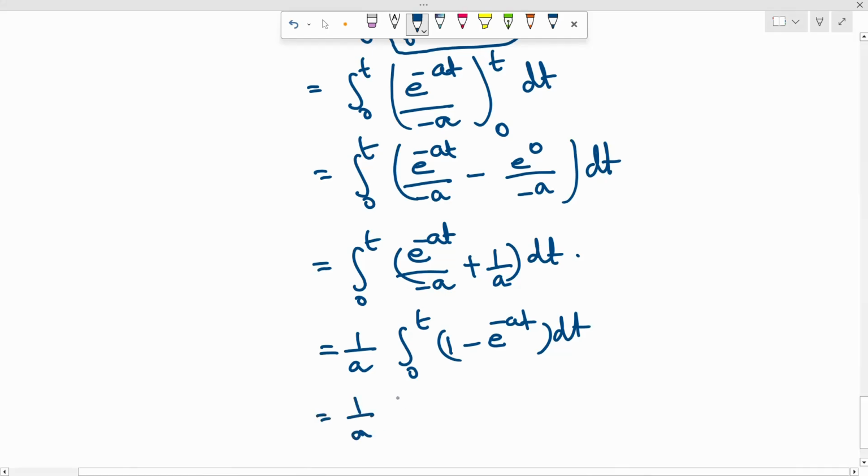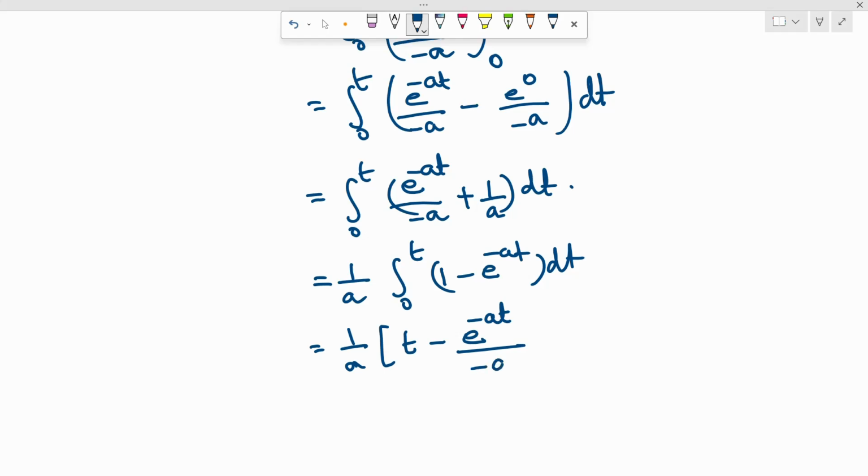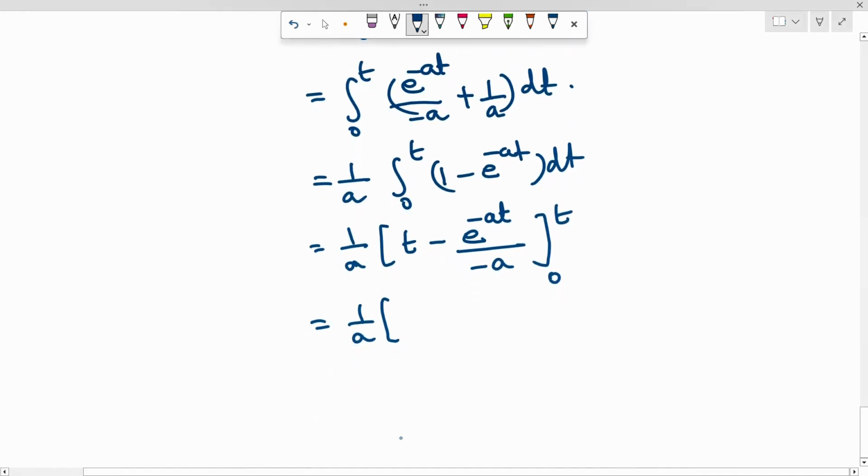1 by a into the integral of 1 dt, which is t, minus e power minus at divided by minus a, because the coefficient of t is minus a, with the limit 0 to t. Now we apply the limits. Our upper limit value is t.